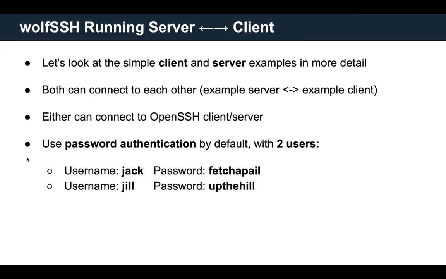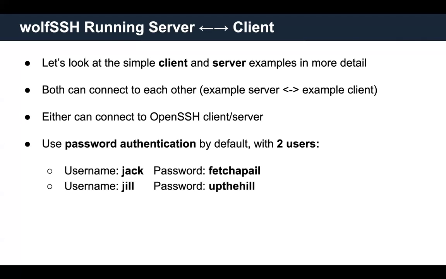All right, so let's look at a simple client and server example in more detail with how they would connect together. Both can connect to each other. Also, there's interoperability where either can connect to an OpenSSH client or server. The examples have a couple of users hard baked into them, those users being Jack and Jill.